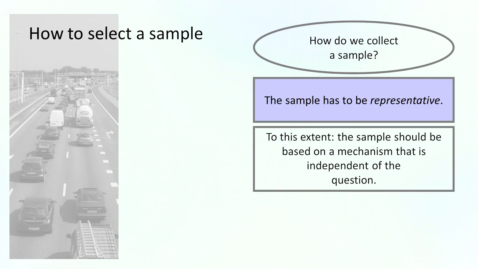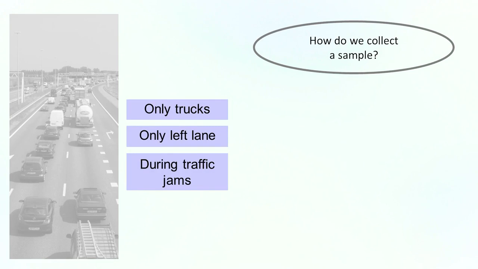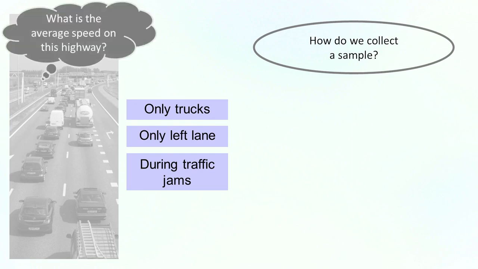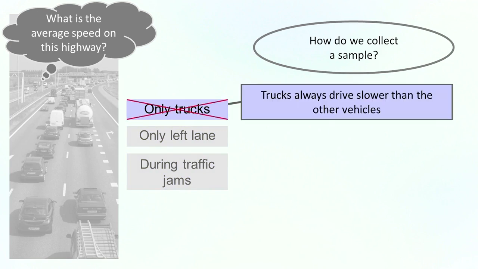Let's have a look at our previous sampling ideas and let's see why these ideas do not result in a representative sample to answer our question, what is the average speed on the highway? A sample should be representative, so only measuring trucks is not a good idea, because trucks always drive slower than the other vehicles.